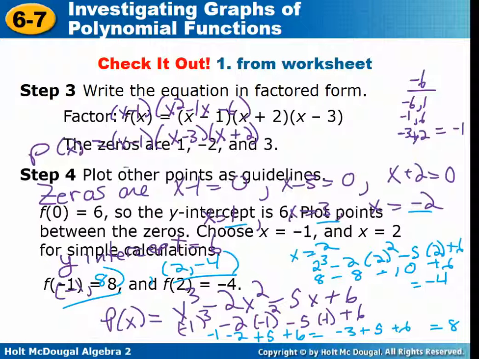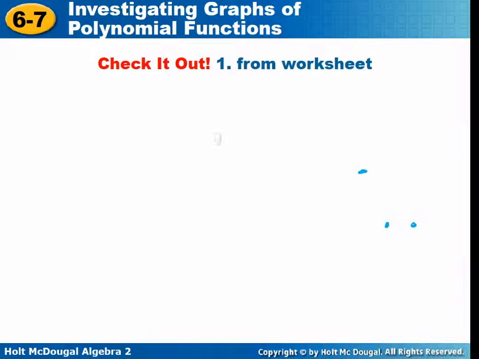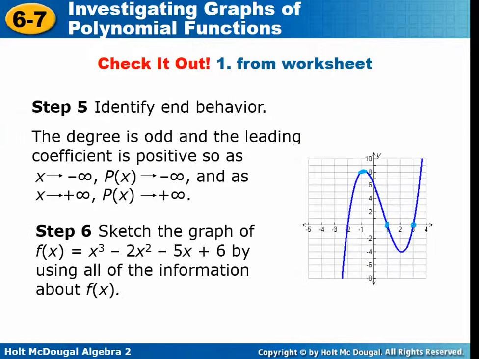Yep, that's what we got. At 2 is at -4. So this matches up. So you put all the points on there. This was a point, and this was a point. And then you knew that the end behavior was going to approach -infinity as x approaches -infinity, and it would approach +infinity as x approaches infinity. And then you just take your pen and you do the best you can to go through the points as smoothly as you can, making a curve.